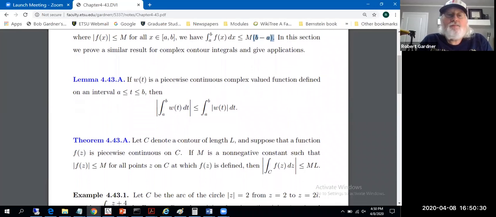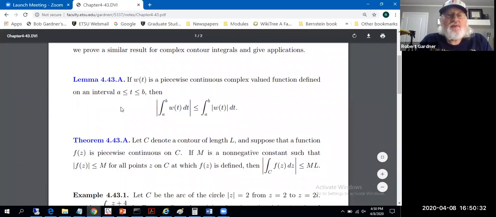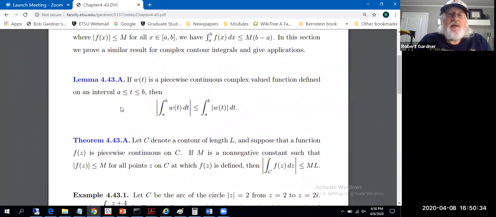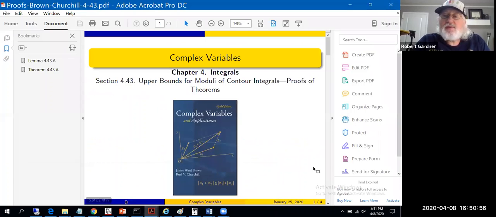First result, lemma 4.43.a says, if w of t is a piecewise continuous complex valued function defined on the interval from a to b, then the modulus of the integral is less than or equal to the integral of the modulus. And there's a result similar to that from the real setting as well. Let's take a look at the supplements and go through a proof of that.